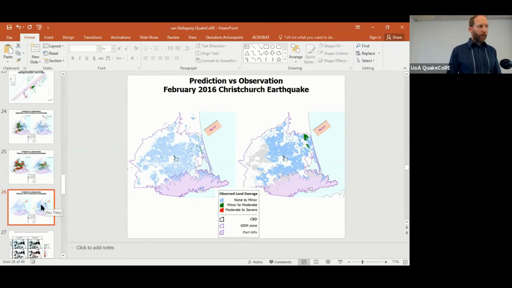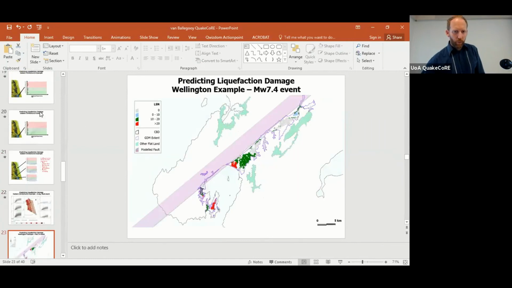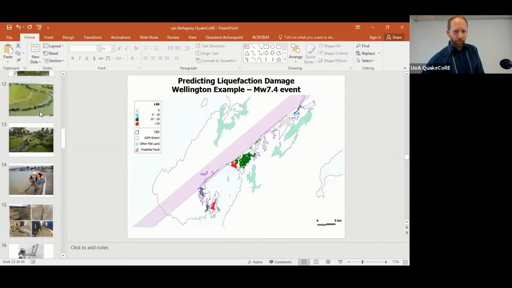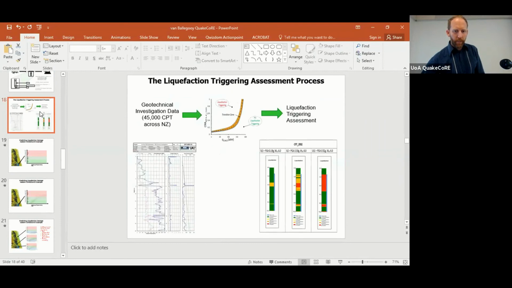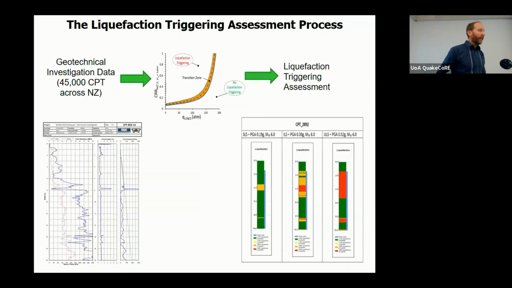These are empirical methods. I have shown it in the slide extremely simplified. But this graph shown here is effectively a line that has been developed.